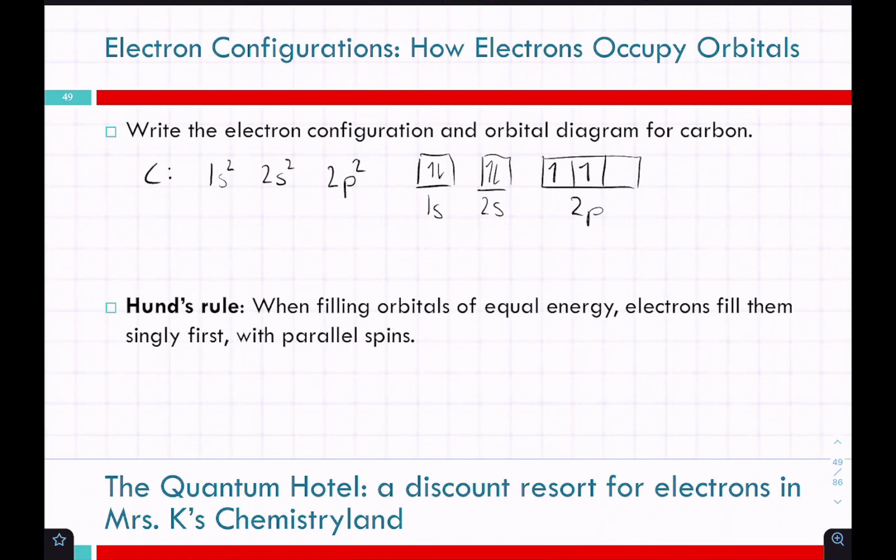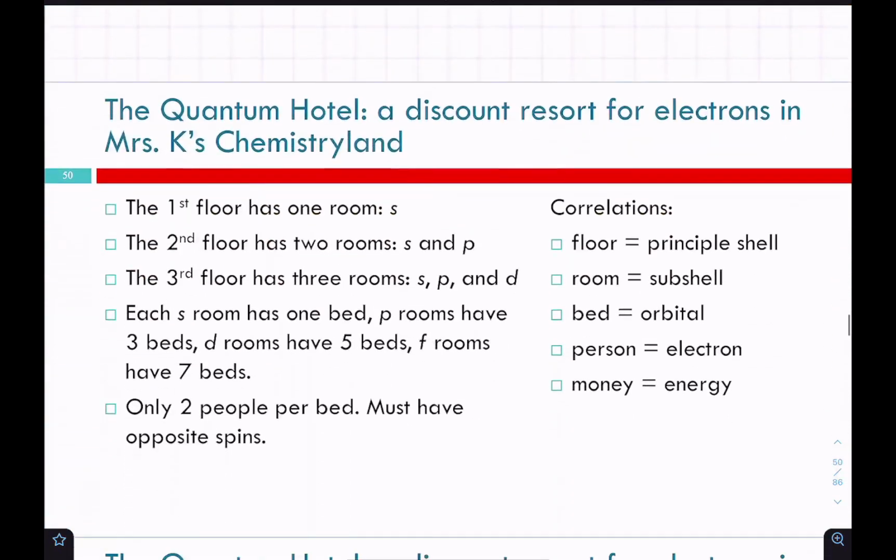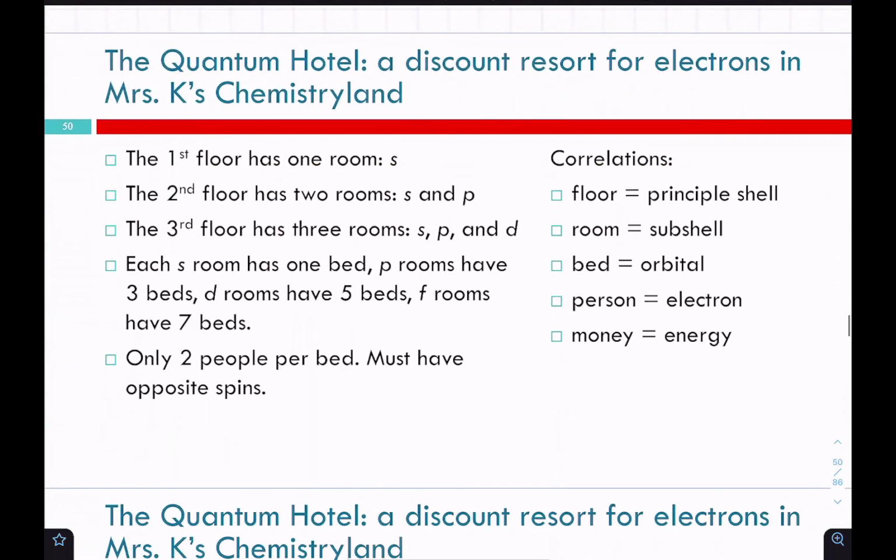Can we just use that instead of having to count 1, 2, 3? Yeah, in the ground state, every element is going to have the same number of electrons as it does protons. I guess we'll come back to that. All right, so this is the quantum hotel.